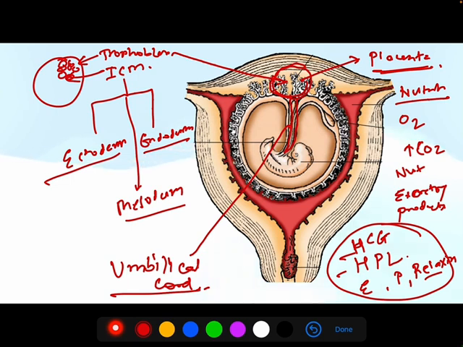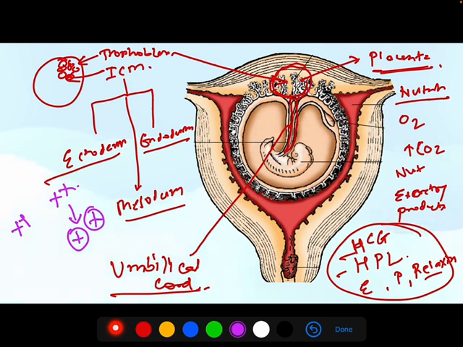Now, let us try to understand how the sex of the embryo, or the fetus, is determined. We have seen that males have X and Y chromosomes, females have X and X chromosomes. So the ovums which will be formed will all have X chromosomes, 100% X chromosomes.